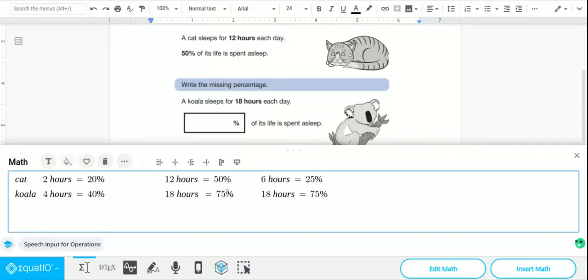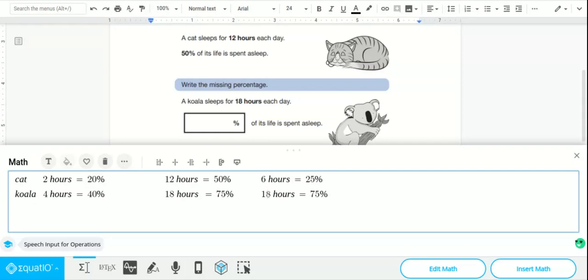What is his percentage? Now, what you do is you half, because 12 doesn't go into 18 like the 2 went into 4. You half 12, it becomes 6. Then you half the percentage, because obviously he sleeps a half percentage as well. 6 hours equals 25%.